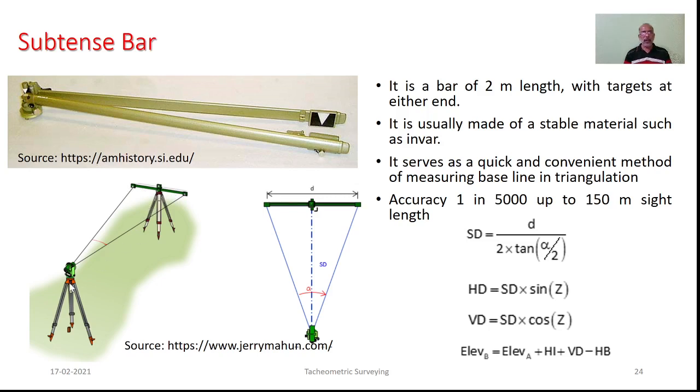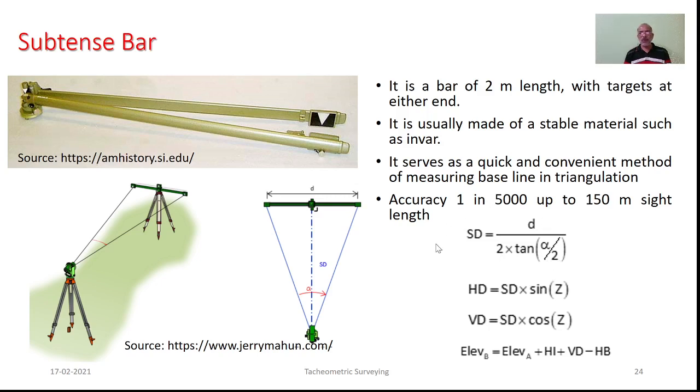So as we do so, here we can take the reading of this α corresponding to 2 extreme rays, say OA and OB, and by making use of this angle α and this particular distance of 2 meters, we can deduce the sloping distance as d divided by 2 tan of α by 2.